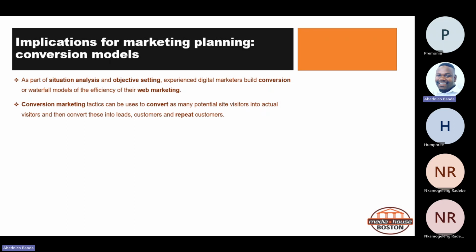How many times, guys, have you been online on an e-commerce site and you just leave and go elsewhere because you're just window shopping or looking for information? Then all of a sudden you receive a notification or an email saying that you might have forgotten to order something, or you might have left something in the basket.